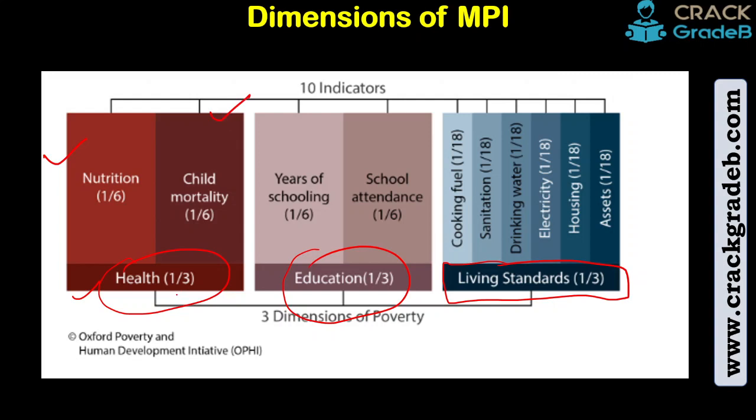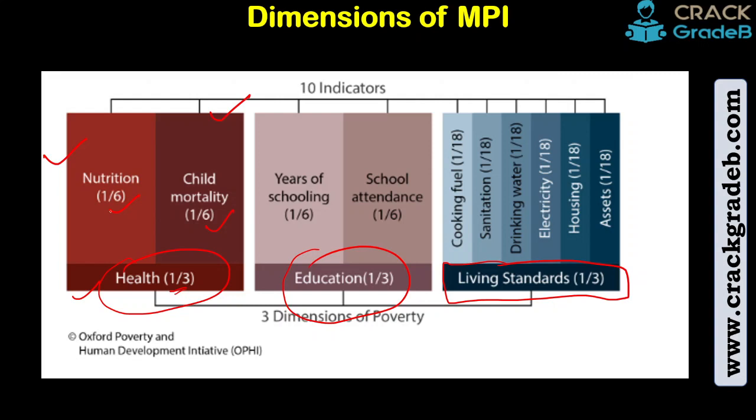One third is the weightage given to health, and out of this one third, half of one third is one sixth, and the other half of one third is another one sixth. So it is given to nutrition and child mortality.